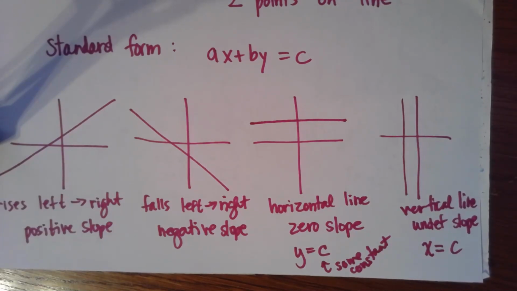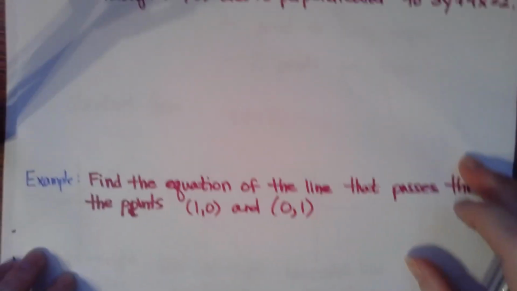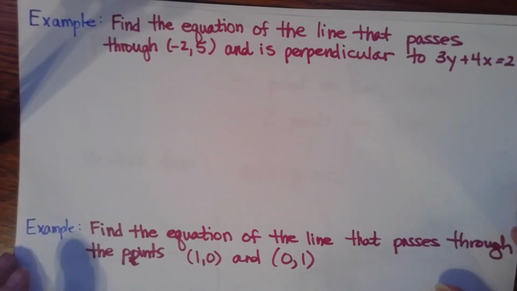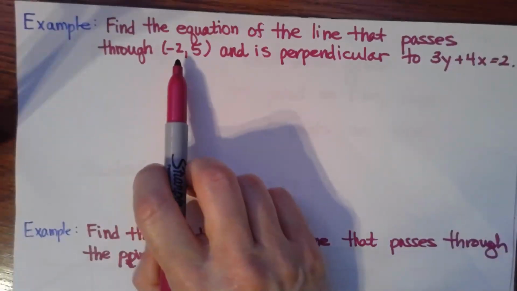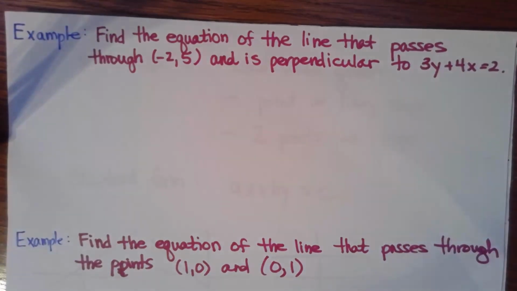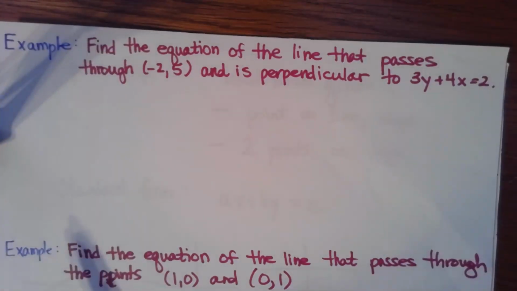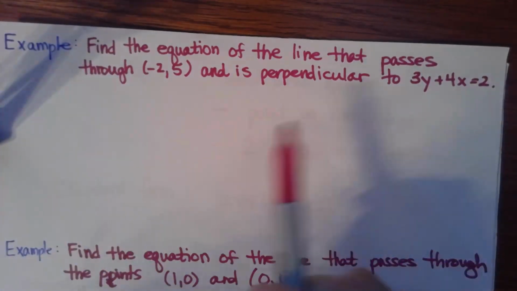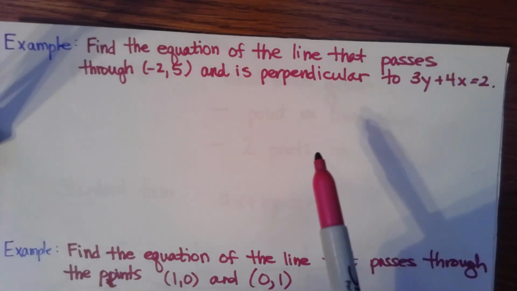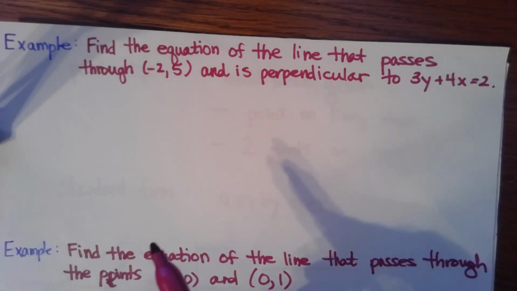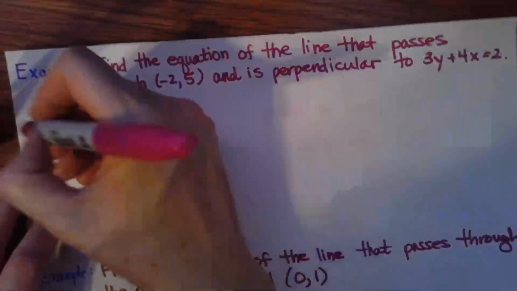All right, so let's look at a couple of examples before moving on to the next topic. So let's say we wanted to find the equation of a line that passes through a point and is perpendicular to a given line. Hopefully you recall that if we have two lines that are parallel, they'll have the same slope. Okay, and if they're perpendicular, their slopes will be opposite reciprocals.